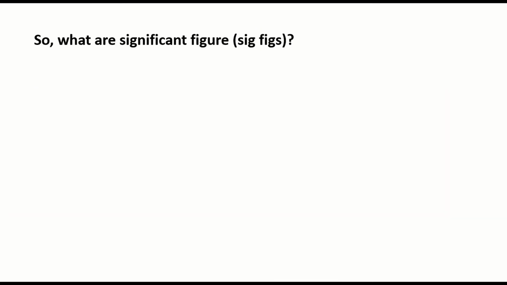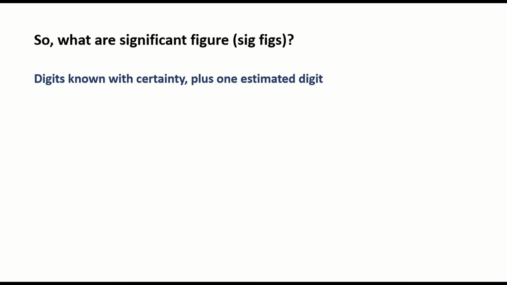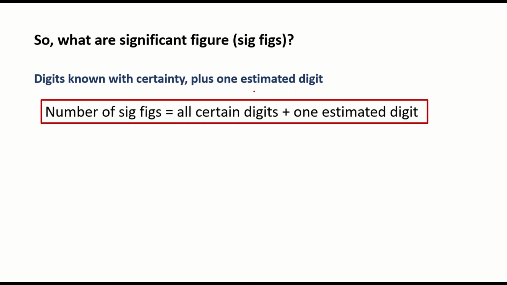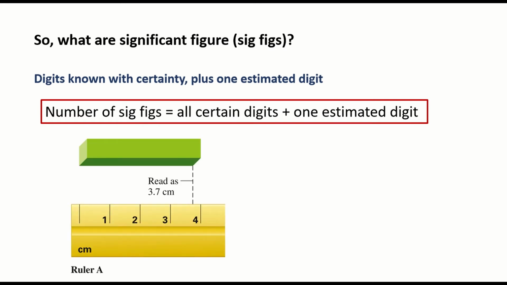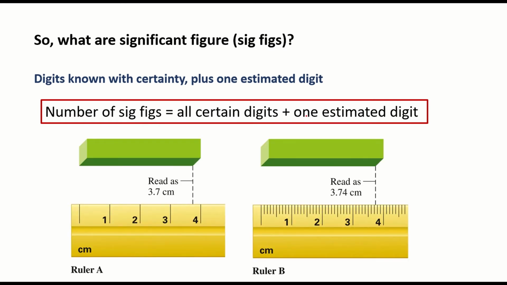So what exactly are significant figures or significant digits? That is all the digits known with certainty, the precise ones, plus one estimate. So what is that estimate? It is the last digit we estimated. Like in the previous example, in this first ruler, this is what you know with precision. The number 3, you know precisely.